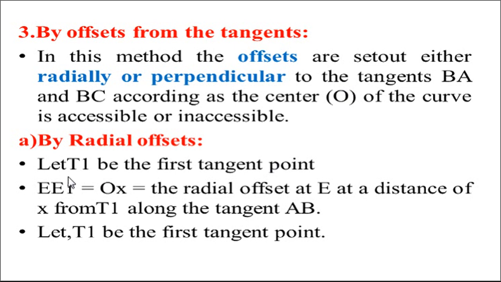In this, let T1 be the first tangent point. Then E1 is equal to OX, the radial offset at E at a distance of x from T1 along the tangent AB.